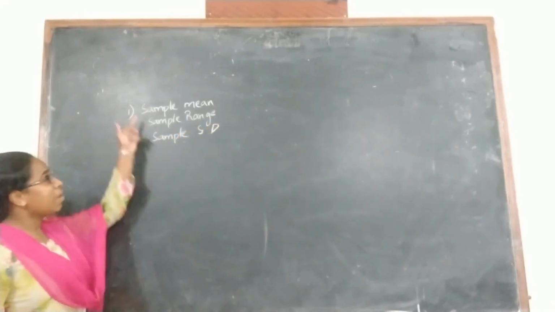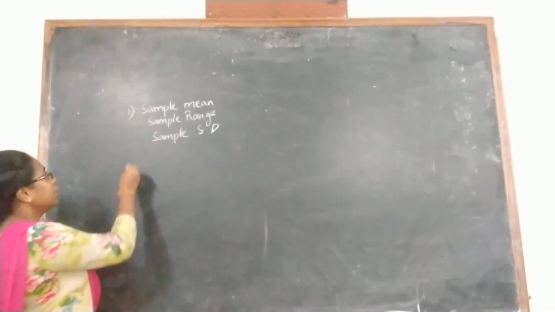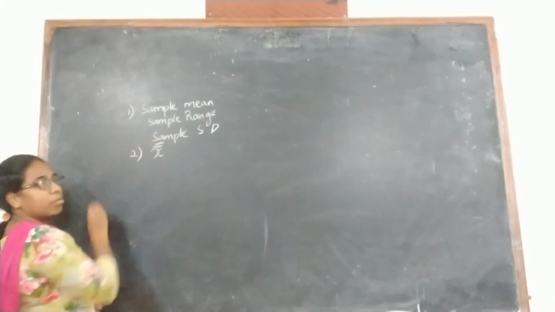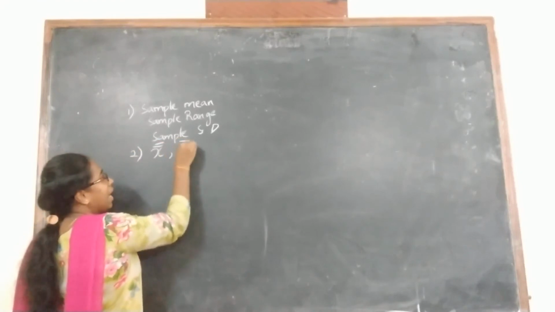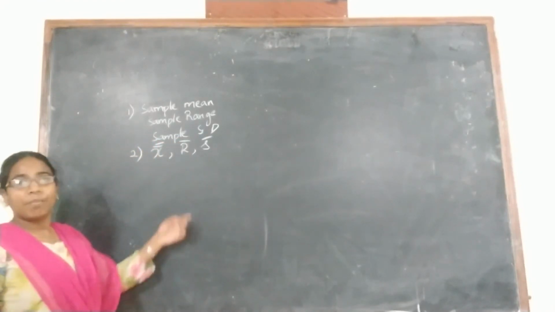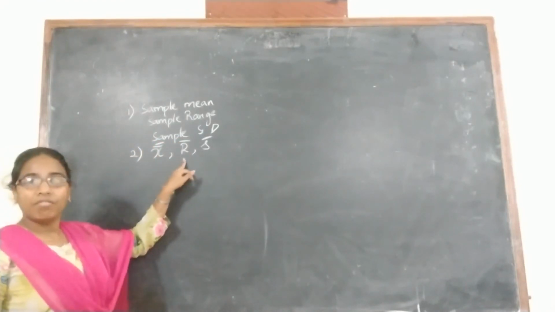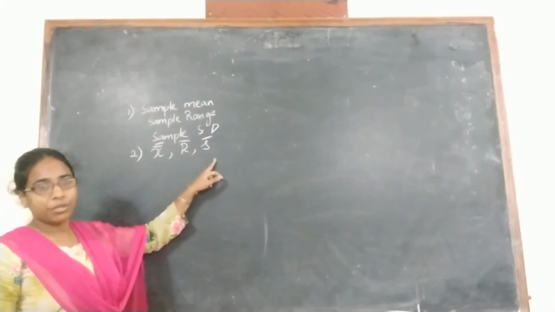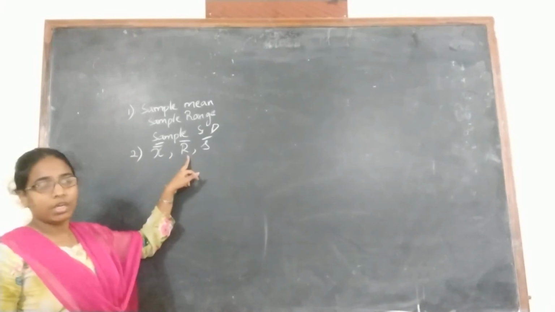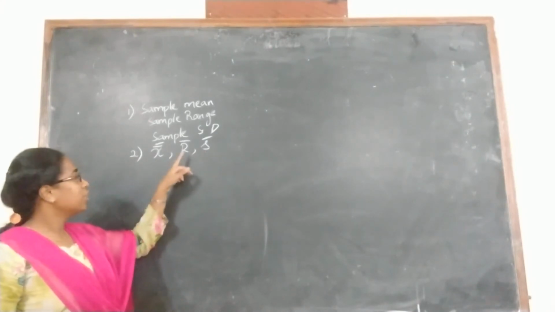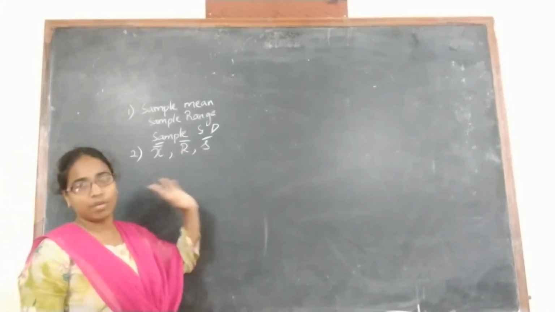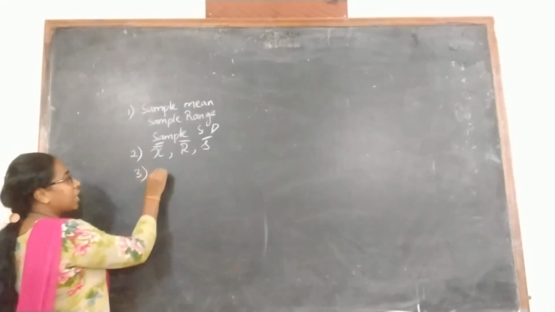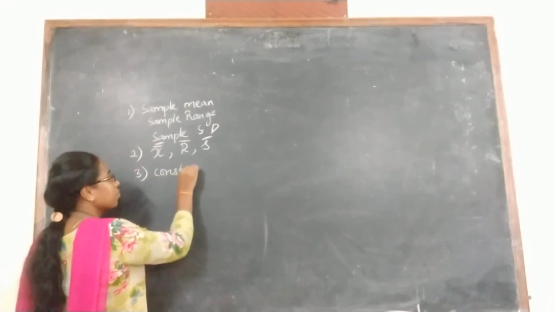After finding these, you have to find the overall mean, that is X double bar, R bar and S bar. Depending on your convenience, if the mu value and sigma value are unknown, you can use either case 1 or case 2, that is by using R or sigma. That is up to your wish. Next, the third step is to construct the control limits.